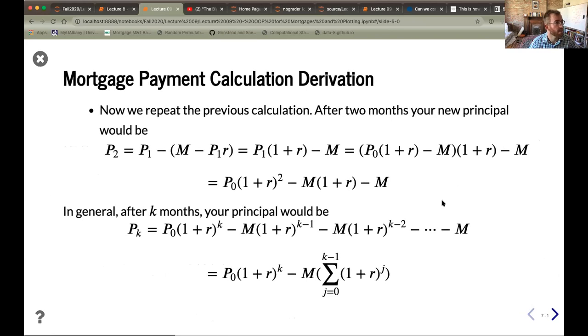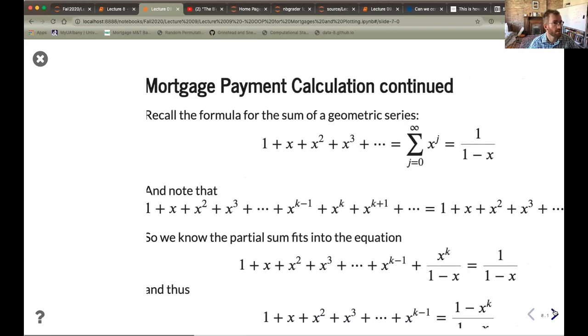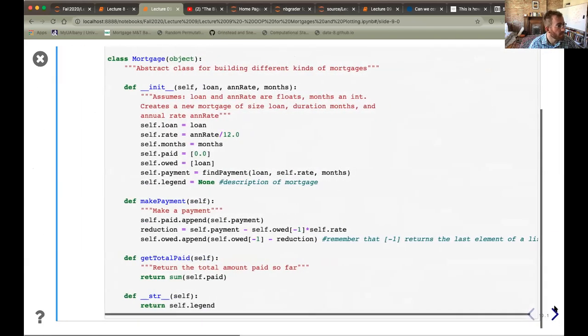Or again, when we did it for P1, P1 is our last entry. So we had our monthly payment, our self.payment minus that. And then that was taken away from the amount owed. All right, let's see if we can remember that. Yeah, self.owed minus reduction. Reduction is this. That's exactly that formula. P1 minus this reduction, which would have been P0 times the self.rate.